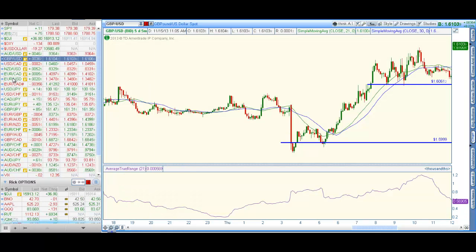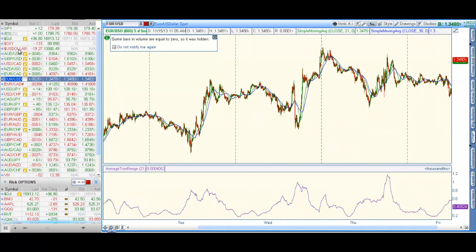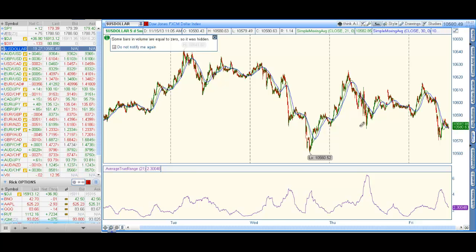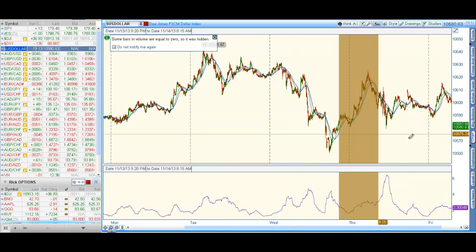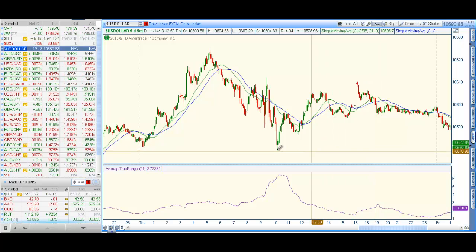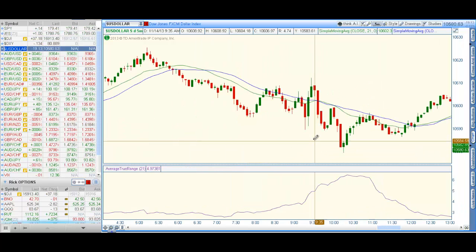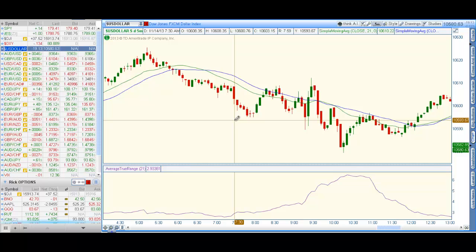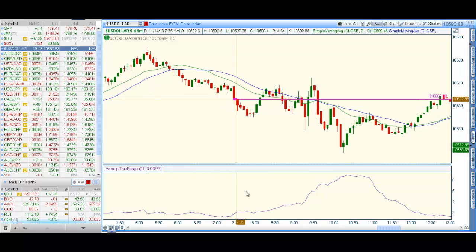And if you had decided you were going to look at this trade, let's look at the US dollar. Thursday at 7:30 a.m. on my chart. What did we see and when did we get a cross? Here's what we had. Let's get a vertical line there, not a horizontal.